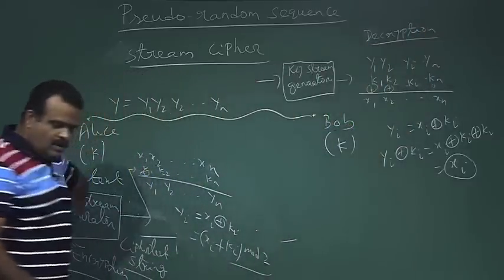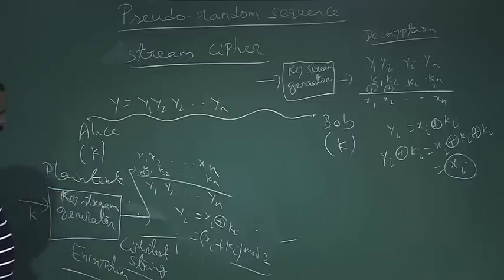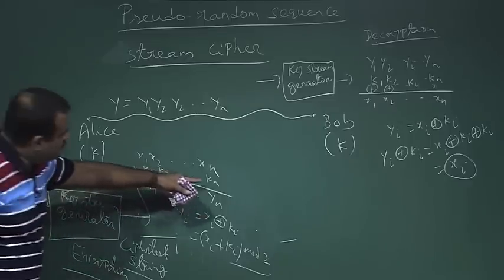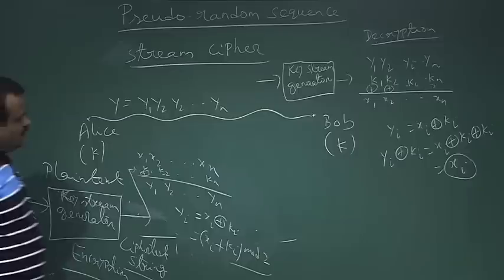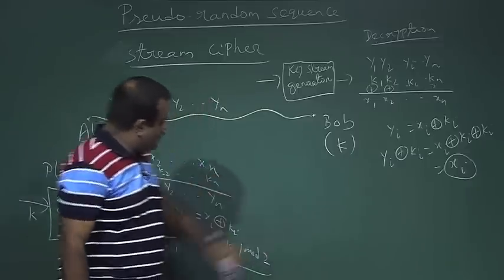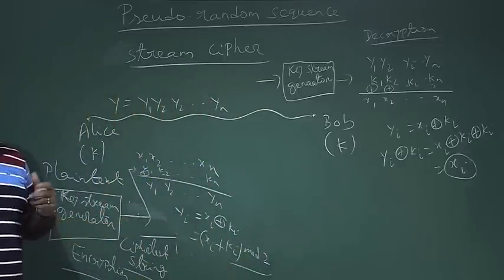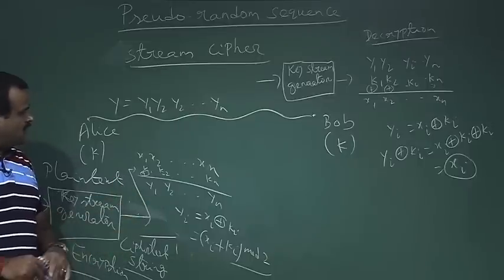Okay. So, now we have already seen that our security depends on the key stream. This stream cipher will be more secure if it is a truly random sequence.